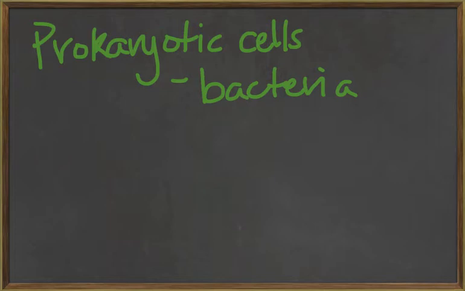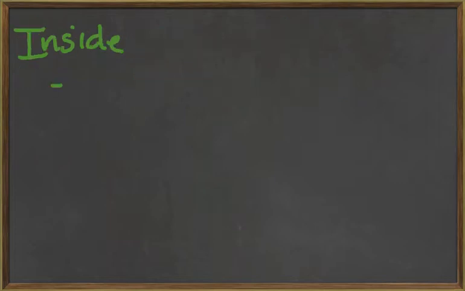For the inside of the cell, one thing that you will encounter is called a nucleoid. Now, prokaryotic cells do not have nucleuses, but to kind of continue on with that theme, they have what we call a nucleoid.